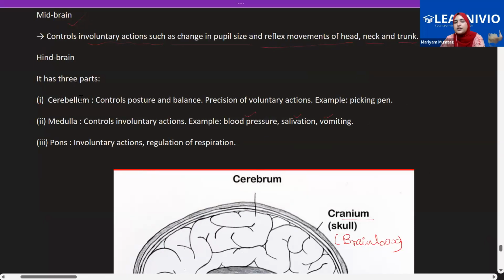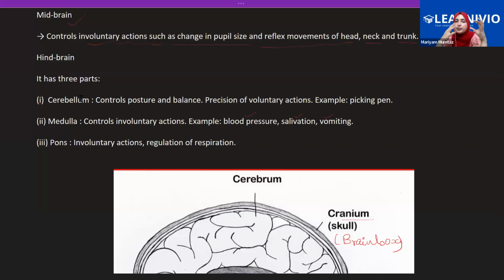The cerebellum is responsible for control of posture and balance, and it also helps in the precision of voluntary action. Precision as in, think about a baby and think about you: you can pick up a pen, and the baby can also pick up a pen. But if anyone asks you to write, you can write properly, with detailed handwriting, and draw diagrams and everything.